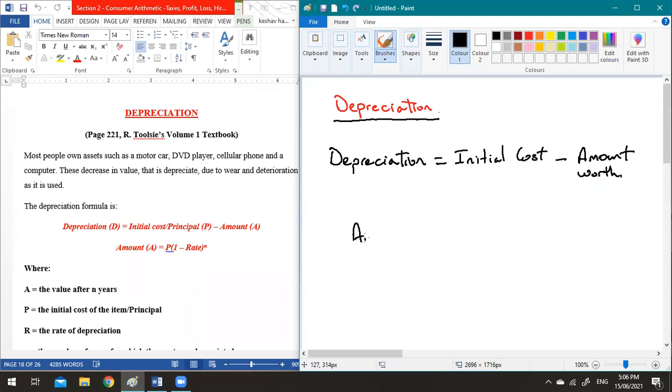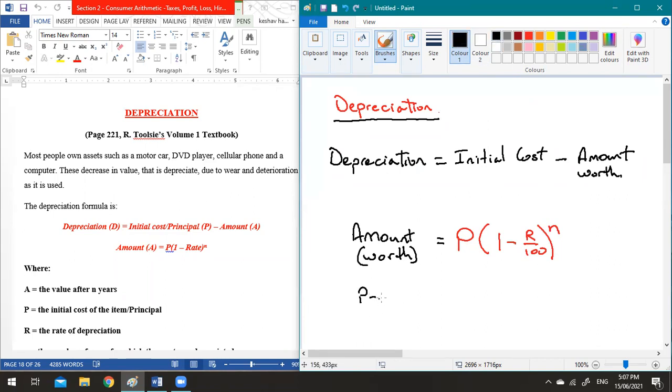To calculate the amount that the item is worth, we use a similar formula, which is the principal times (1 minus the rate over 100) to the power n, where n is the number of years, right?